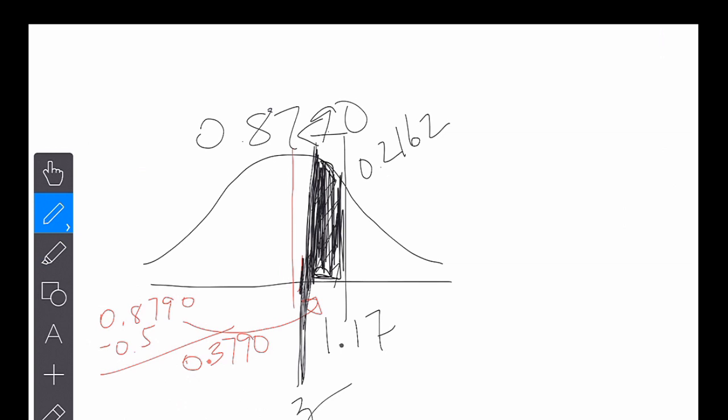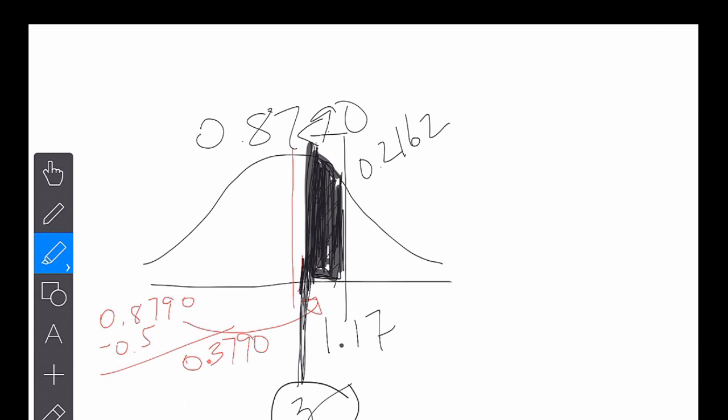But essentially, you just want to find out where z is. My drawing's bad, isn't it? It should be even. Right, this area here. Are you working on it? Thinking about what to do?